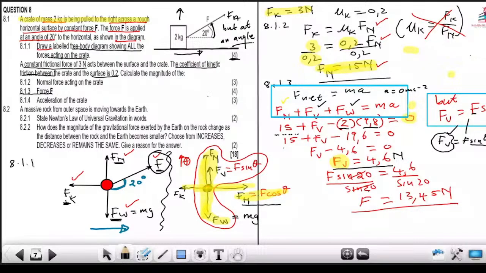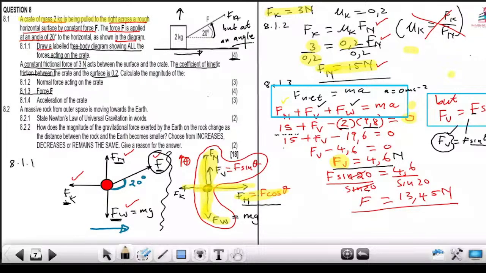This object is not moving up and down. It's moving to the right because of the force applied at 20 degrees. So the actual force making this object start moving is FH. But if I am going to use FH to calculate for F, it means I am going to need the acceleration.